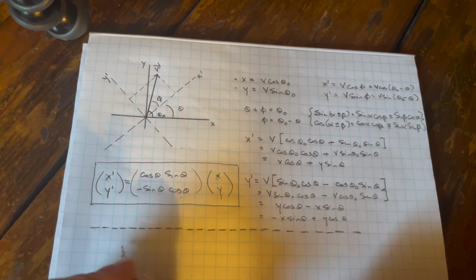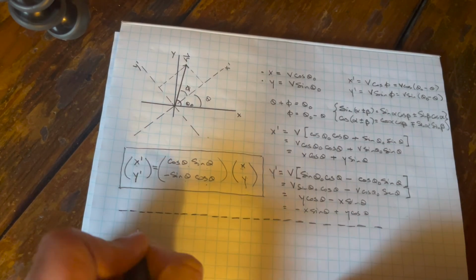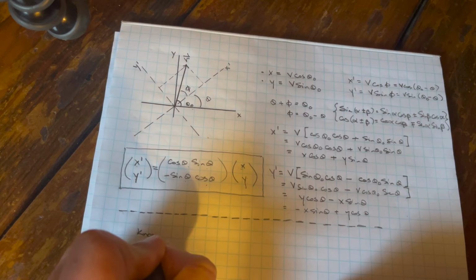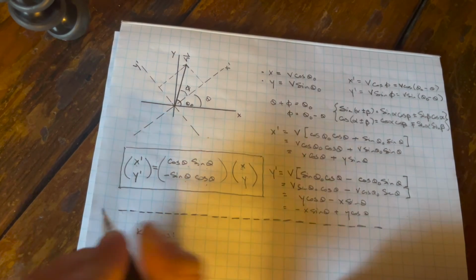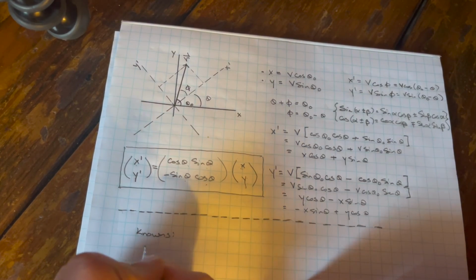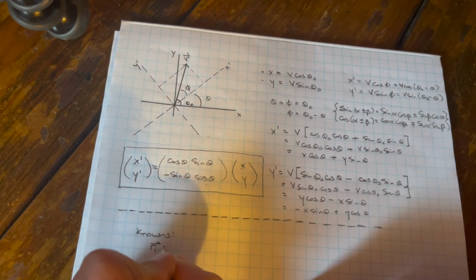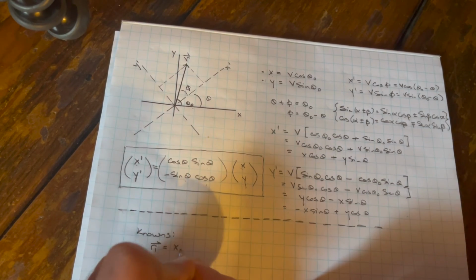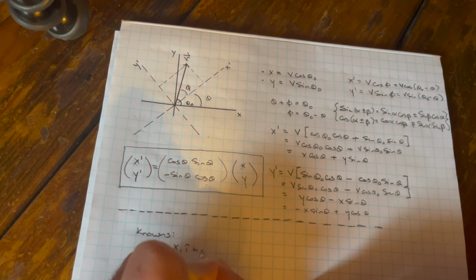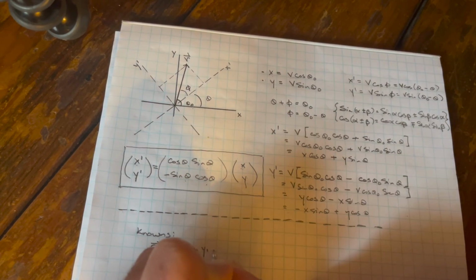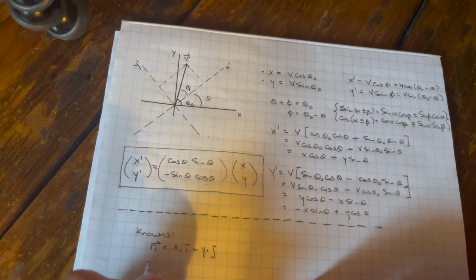Okay, so let's start by listing our knowns again. Our knowns are R1, we know the X and Y coordinates for R1, R2.